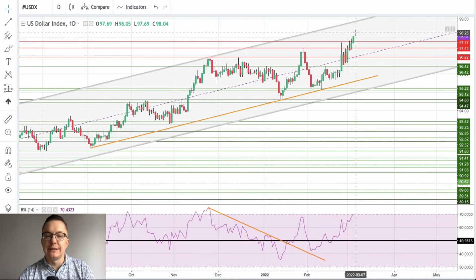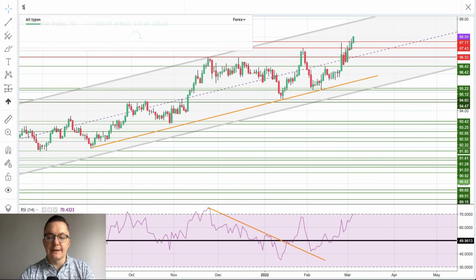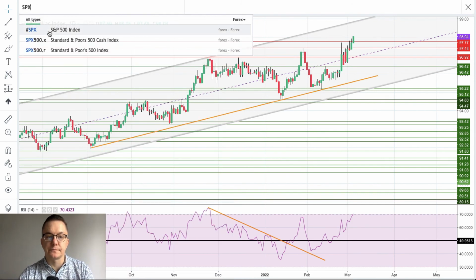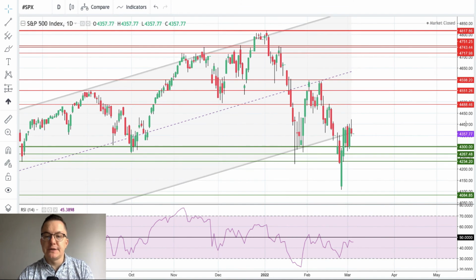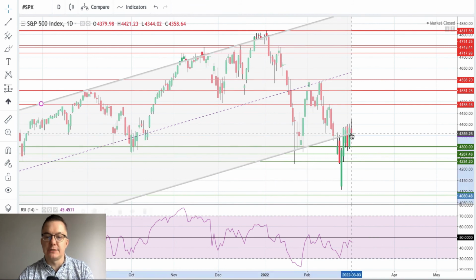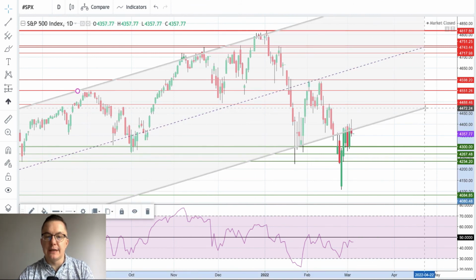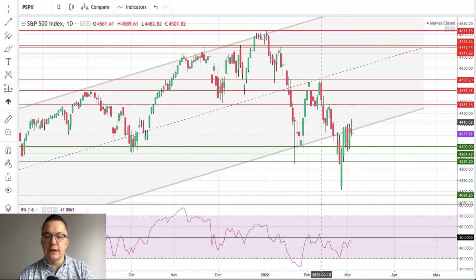So the US dollar index keeps going up, which means the S&P 500 should be going lower. And as you can see, the recent price action of the S&P 500 is showing us a three-wave decline here.